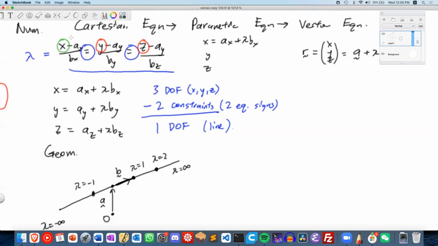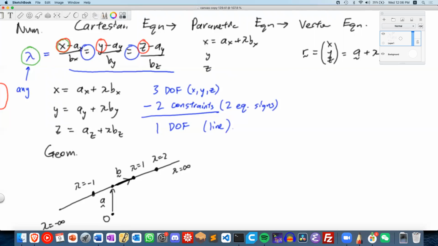So by choosing a particular value of lambda now, we have shifted the freedom of choice from one of the variables x, y, z into this parameter lambda. So now I can choose any value of lambda I want, but the moment I fix one particular value of lambda, the other values of x, y, and z will be fixed by the equality.